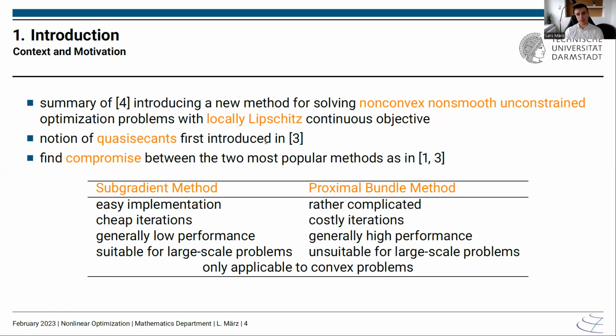So it's rather complicated and has costly iterations, at least compared to the subgradient method, but it generally has high performance for smaller problems and is unsuitable for larger problems. So the idea is now to find a compromise between those two methods, combining easy implementation and high performance, and also to generalize the convergence to non-convex problems.